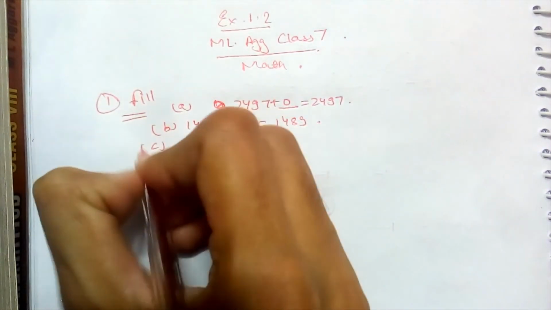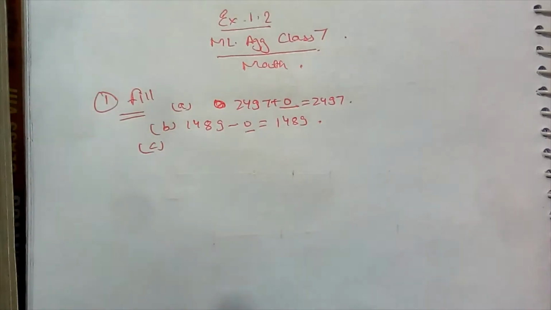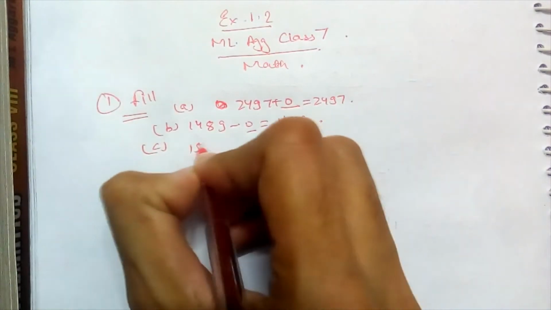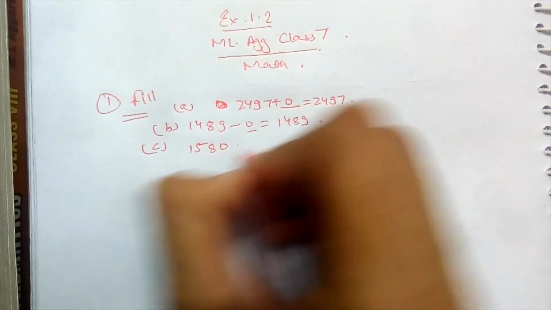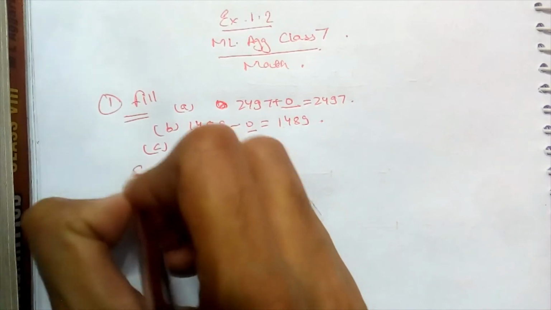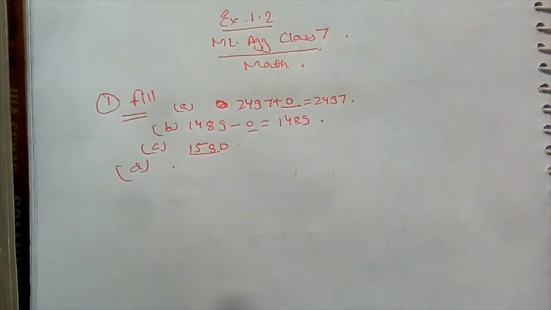C part: 1580 into 1 is equal to 1580. Okay, I am writing the answers only now. Questions are given in the description, you can check them out.